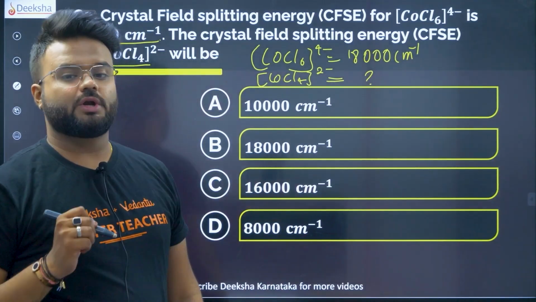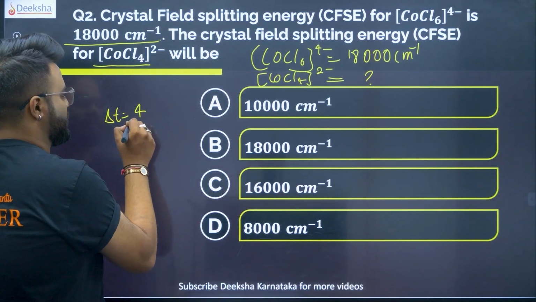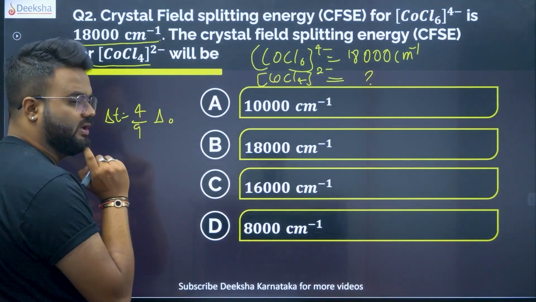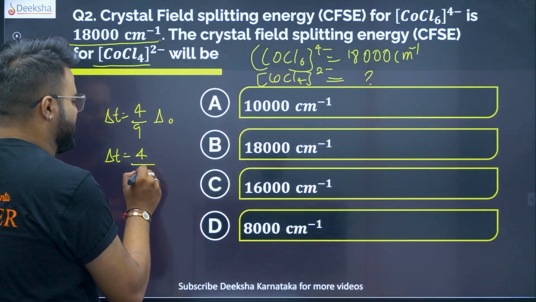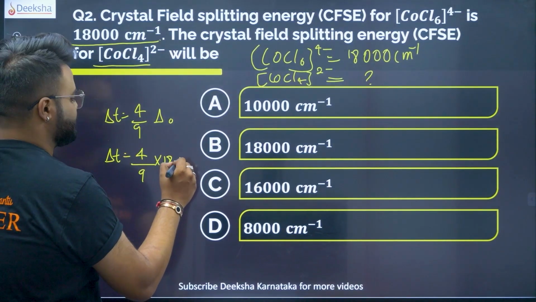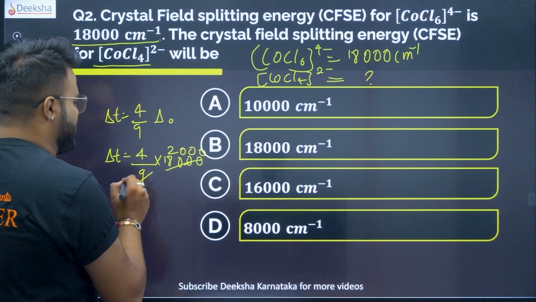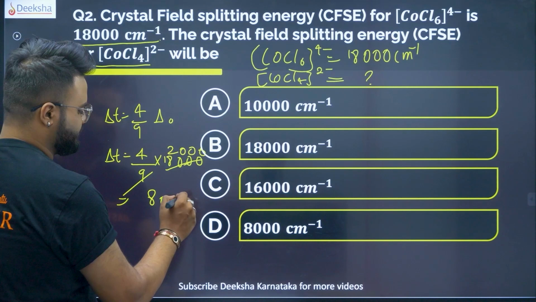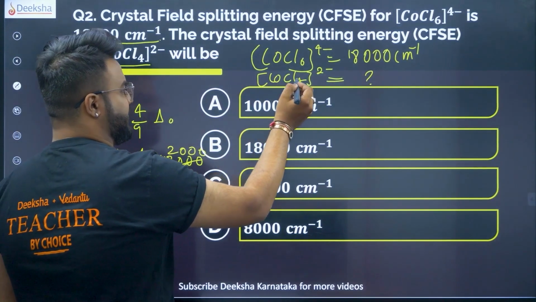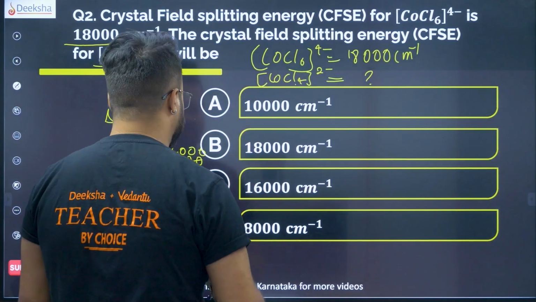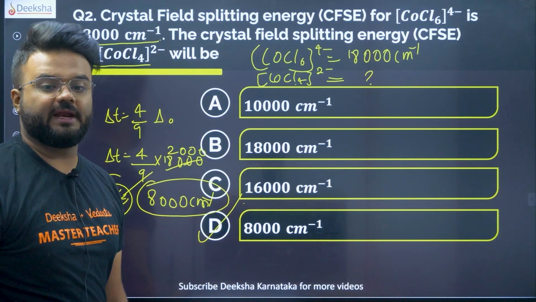They want to know what the CFSE is for this. We have a formula: delta T is equal to 4 by 9 into delta naught. Therefore delta T is equal to 4 divided by 9 into 18,000. 9 ones are 9, 9 twos are 18, so 2000 here. Therefore 4 twos are 8, so 8,000 per centimeter. Therefore for the tetrachlorocobaltate ion the CFSE is 8,000 per centimeter. Your option D will be your correct answer.